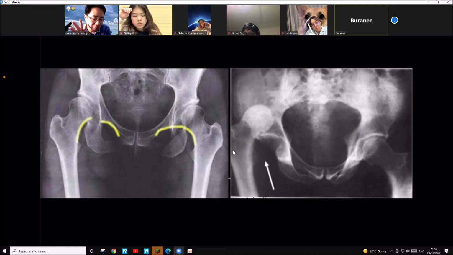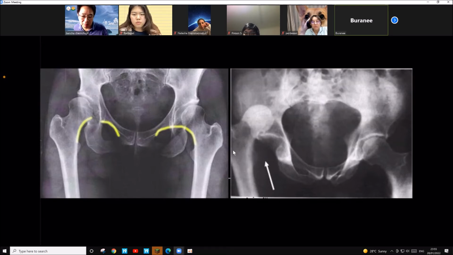But sometimes you have a fracture of the acetabulum or the posterior wall. The deformity will not be classic if you have a wall fracture or acetabular fracture.